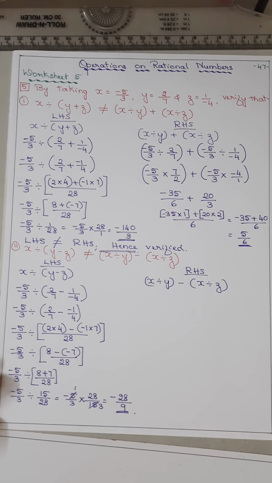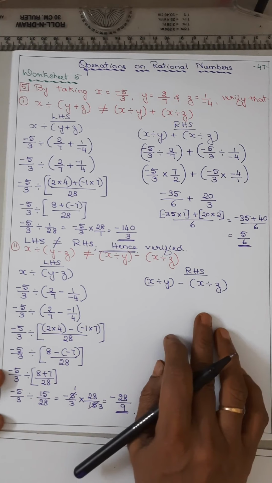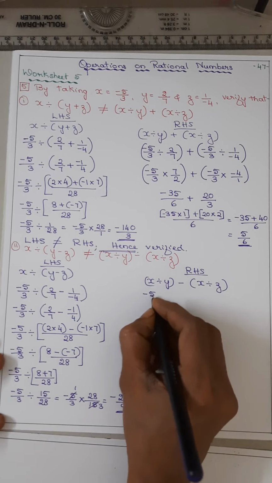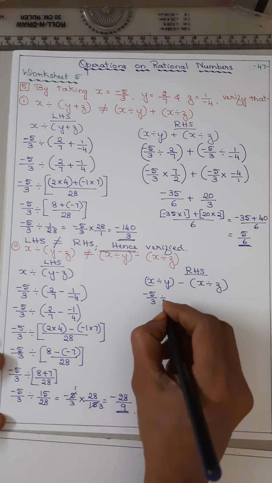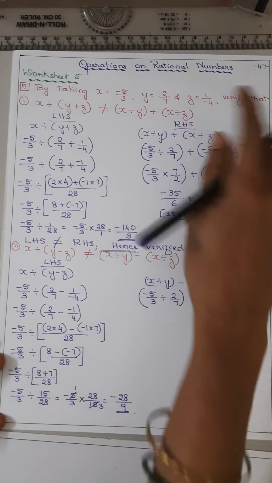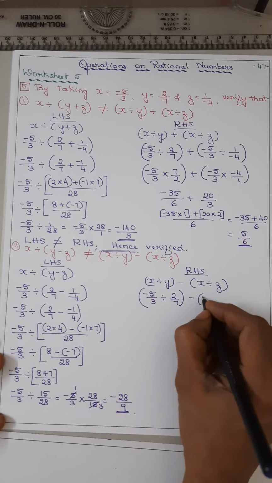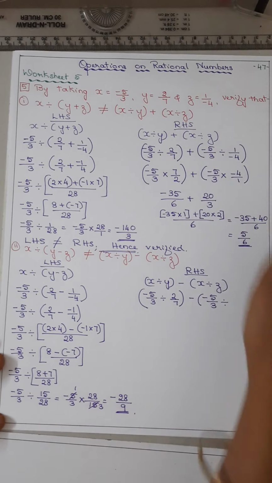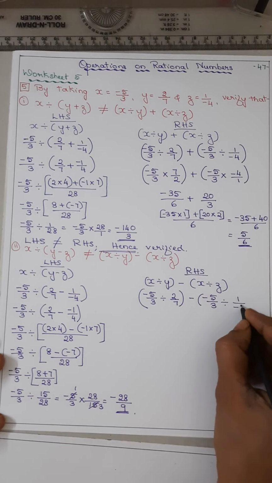Okay. Now coming to the RHS, x value is minus 5 by 3 divided by y is 2 by 7 minus x is minus 5 by 3 divided by z, that is 1 by minus 4.